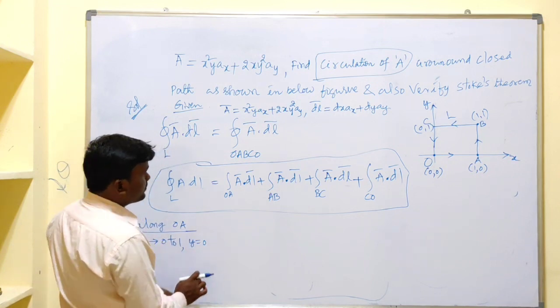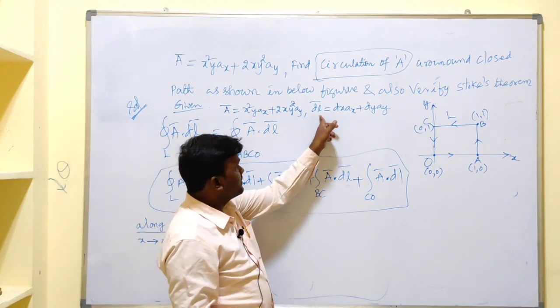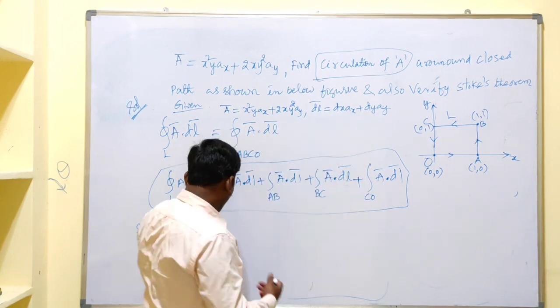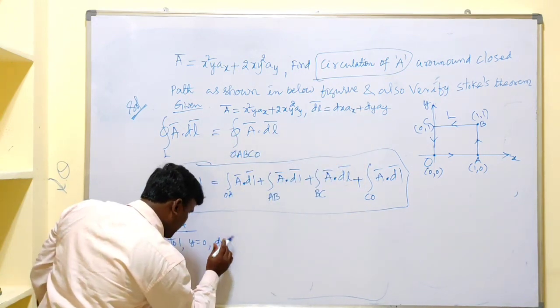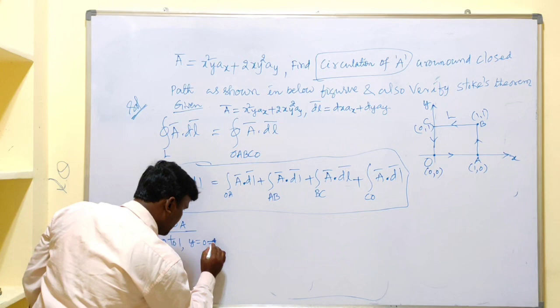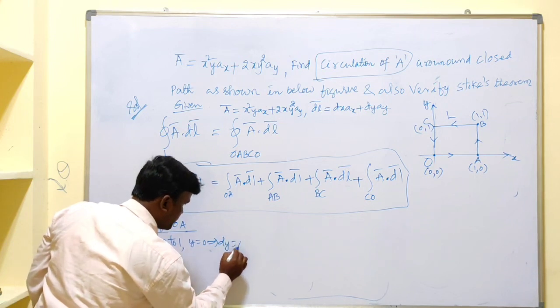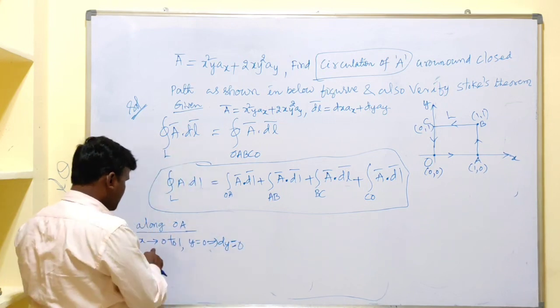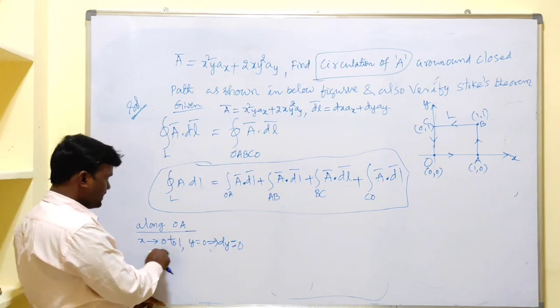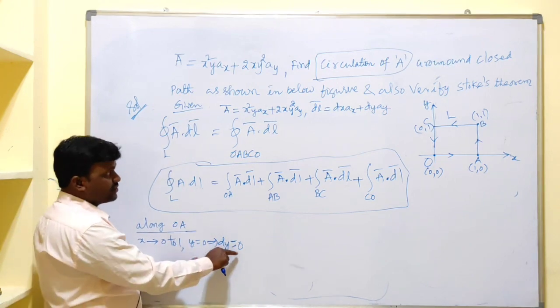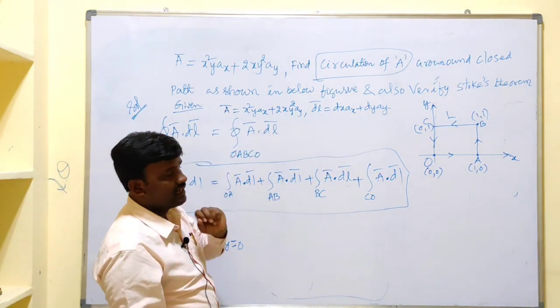If y is 0, here in this case dl bar has dy, and if y is 0, then dy is 0. Now substitute this: x from 0 to 1 means it is variable, and y is 0, dy is 0 in A bar and dl bar.